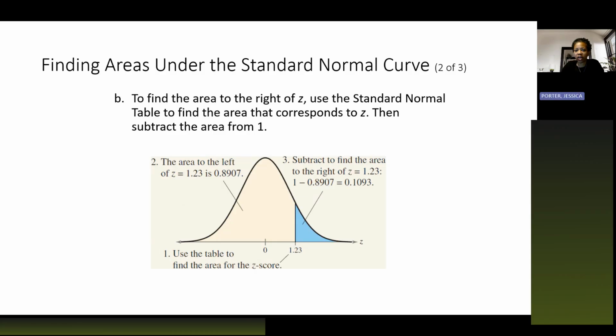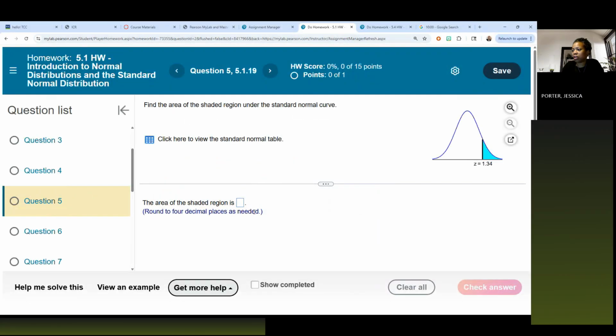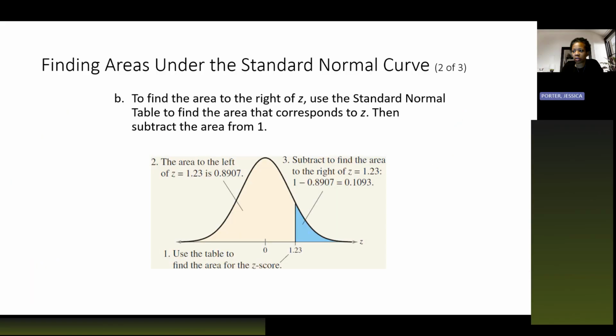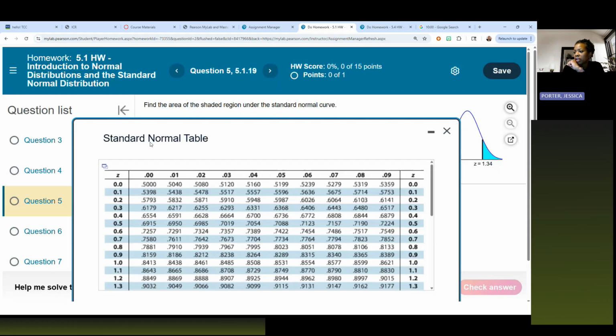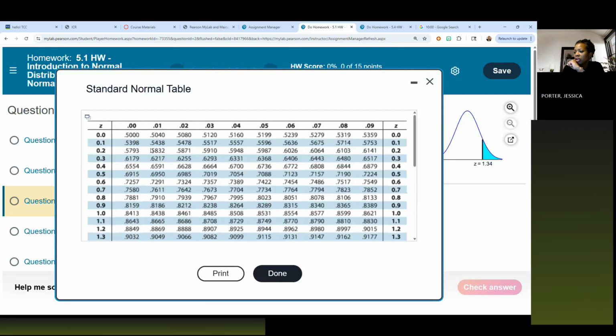All right, let's look at question 5. It says, find the area of the shaded region under the standard normal curve. Click here to view the standard normal table. So here's our table, and it's 1.34. I'm looking for 1.3, and 4 is 0.9099.